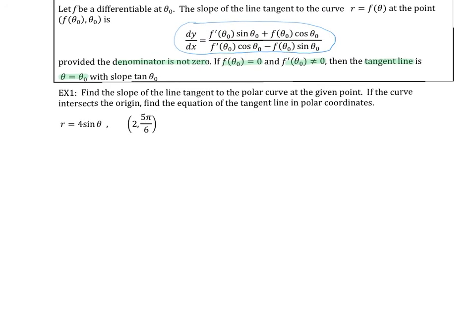So first I'm going to find the slope of the tangent line at the given point. So the given point is 2 comma 5 pi over 6.